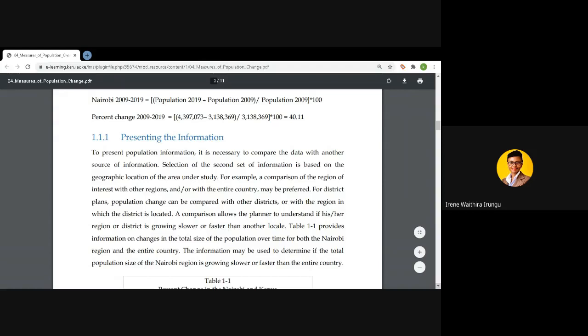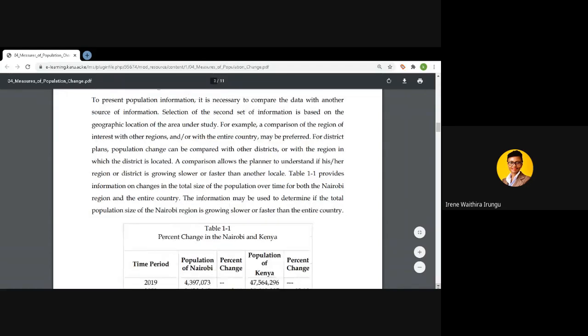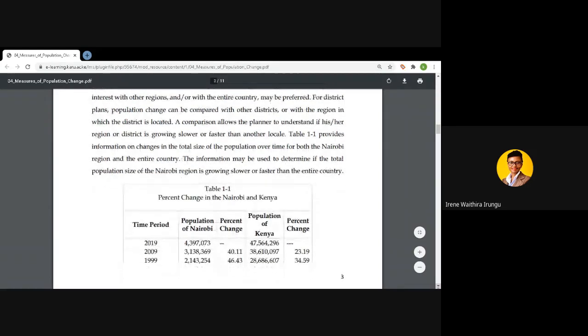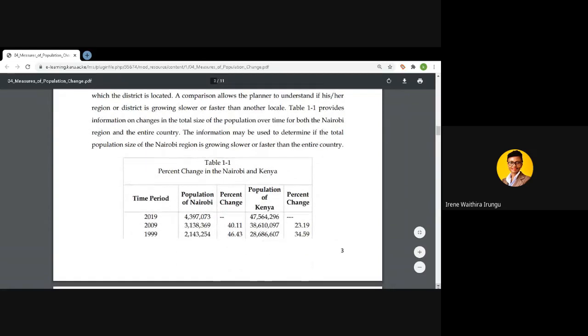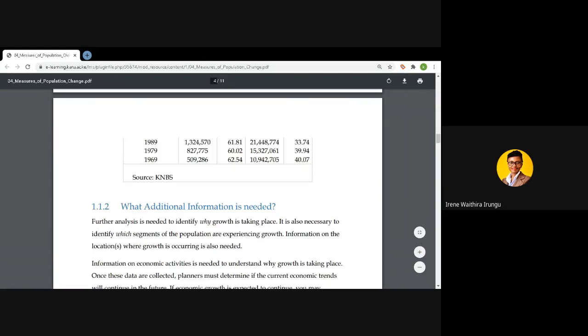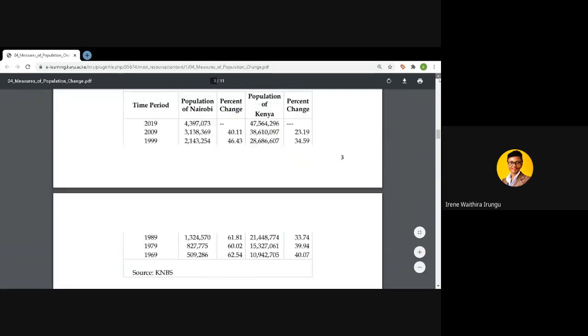So if you were to do that as expressed in table 1.1, so table 1.1 depicts for us the population change and percentage change from the year 1969 all the way to 2019.